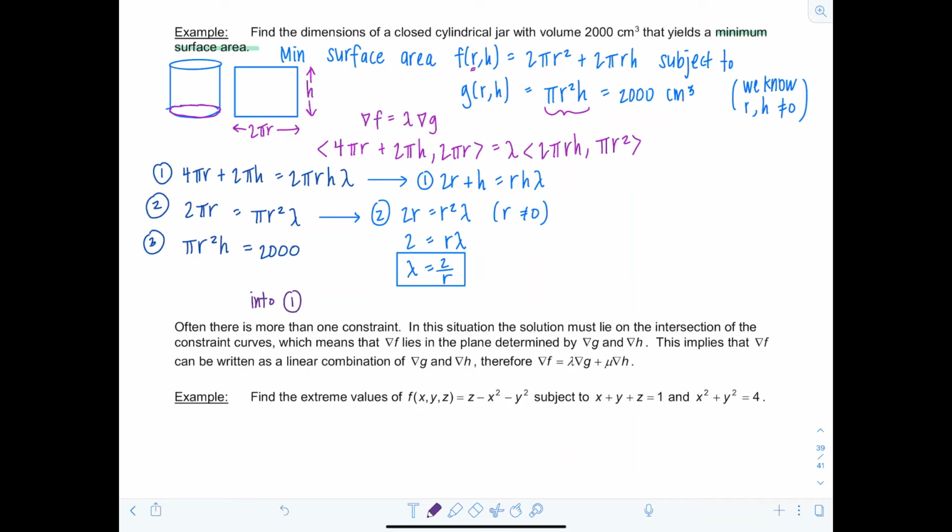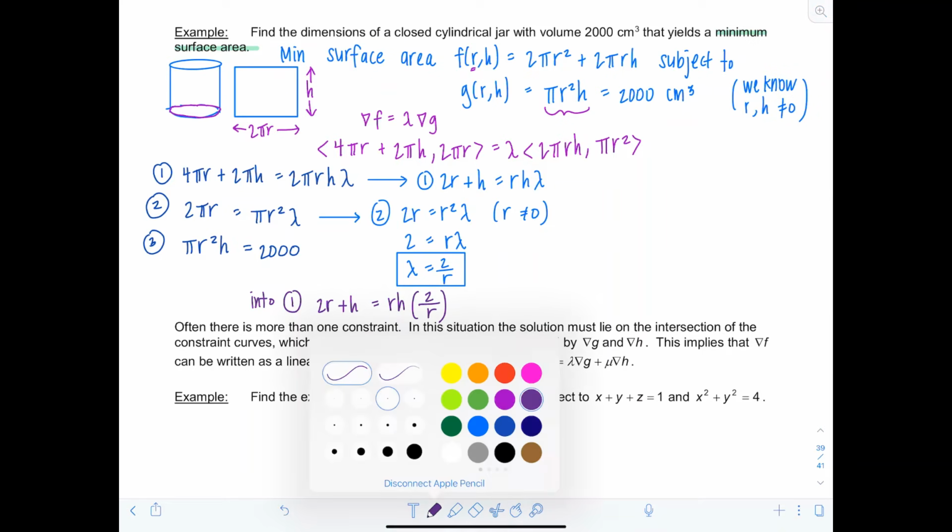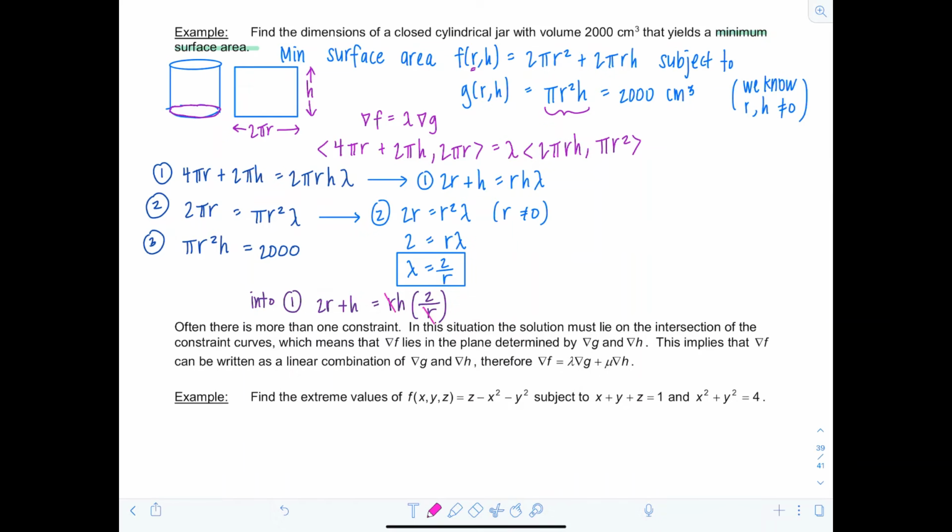So now I have 2r plus h is equal to r times h times 2 over r. So notice now this r is going to cancel out. And then I have 2r plus h equals 2h, which means that h is equal to 2r. Great. So now I can put this into the constraint equation, equation 3, and I'm pretty much home free.